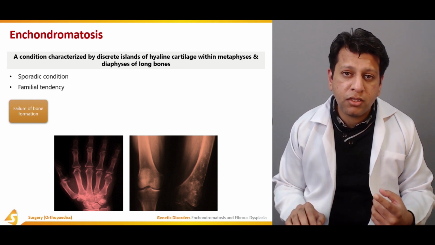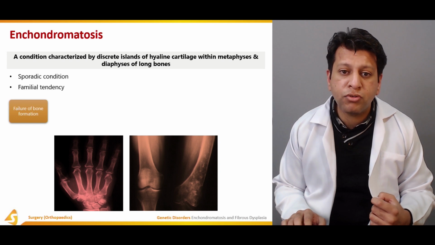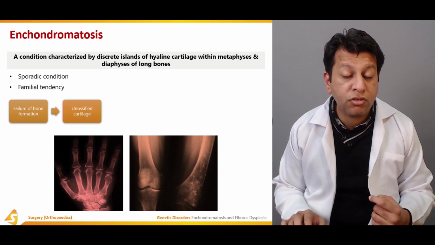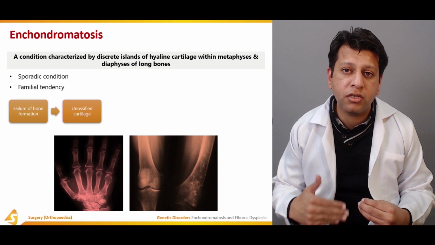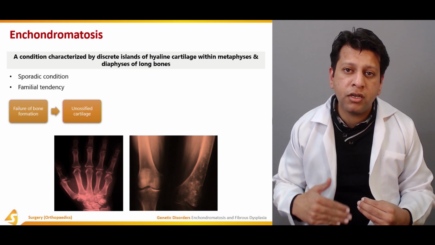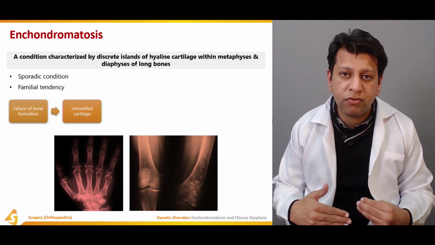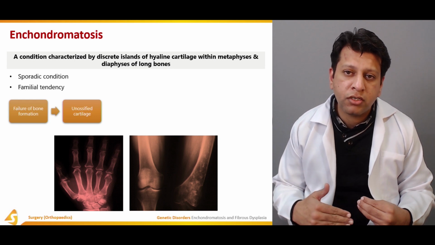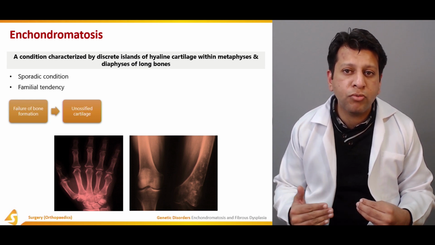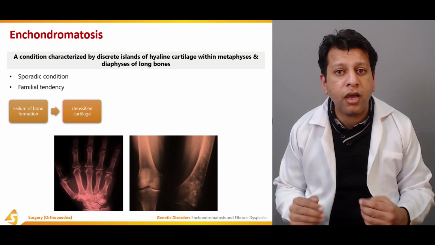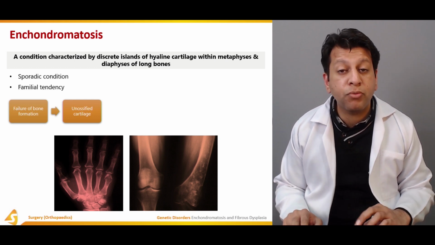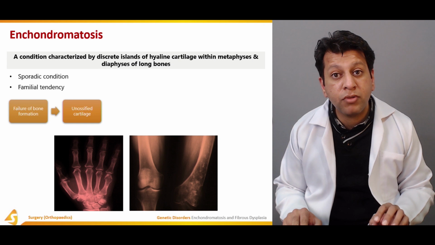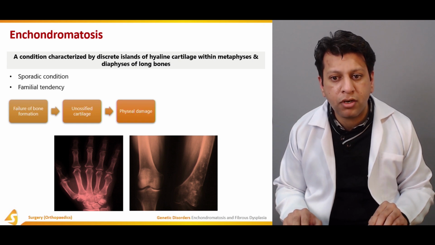But in enchondromatosis there is unossified cartilage. The mechanism fails: once the cartilage is formed in the metaphysis from the secondary ossification center, it is not converted into bone, rather it remains there as hyaline cartilage, which is supposed to be the cartilage present over the articular surface, not inside the medullary cavity.